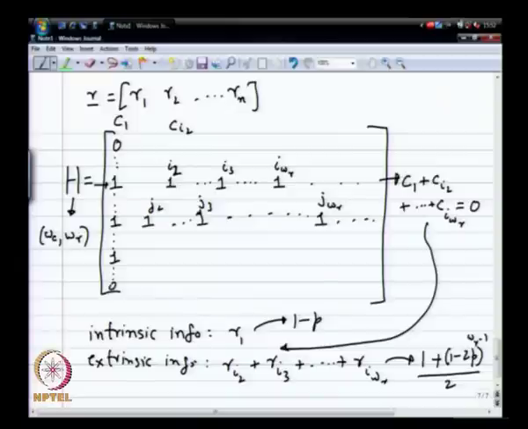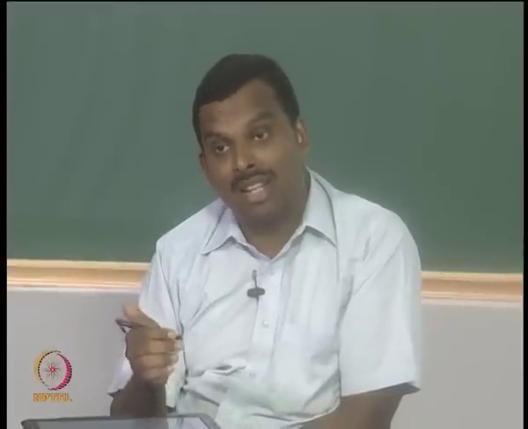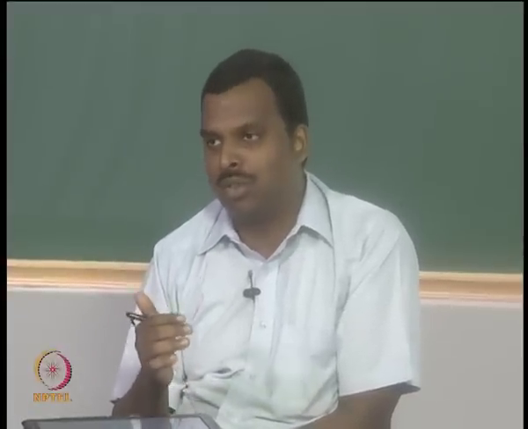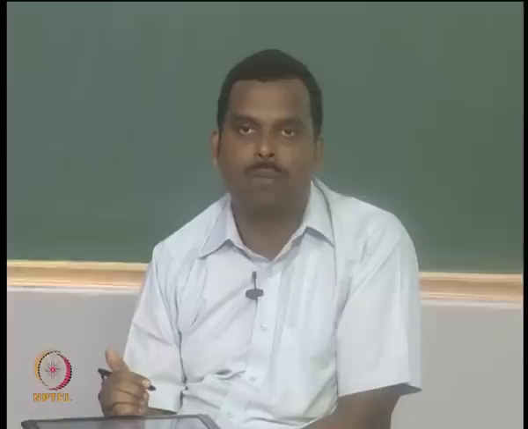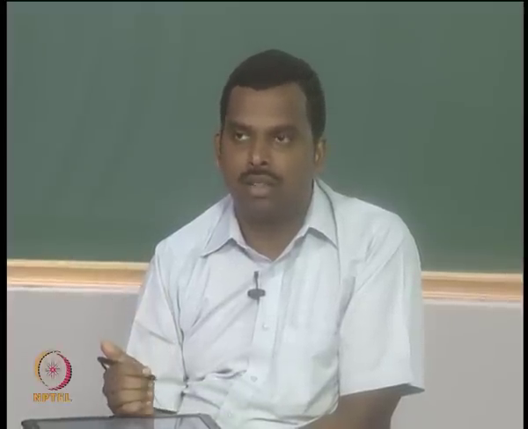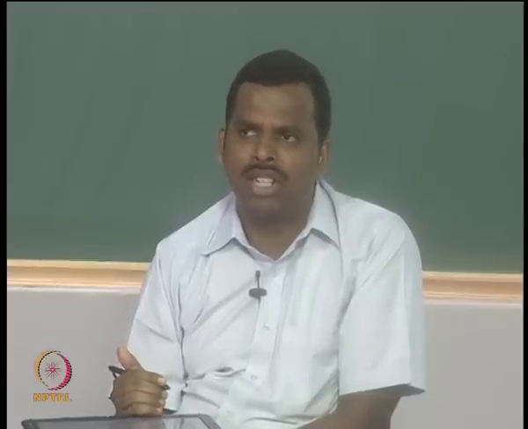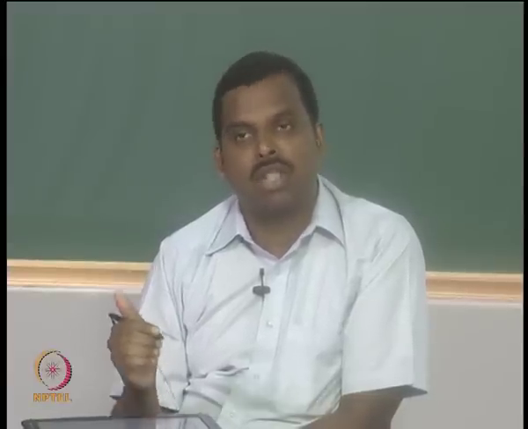I have been saying that this is like the first half of the first iteration, and then you have the second half of the first iteration, and then there will be multiple iterations. You will see what happens there later on. Is that okay? At the end of the first half of the first iteration, how many estimates exactly do you have for each bit? WC plus 1 estimates.